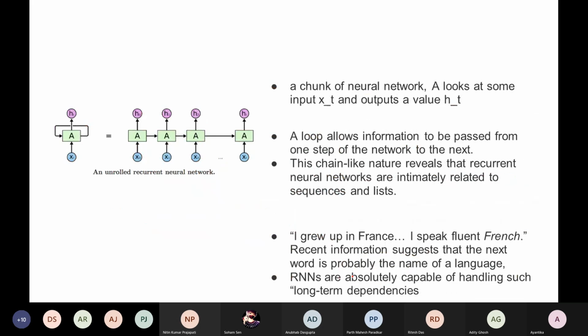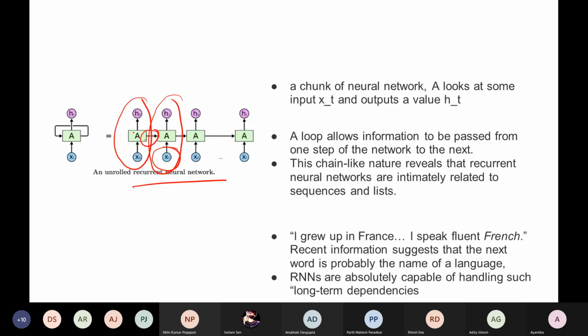If you unroll this neural network, you can see that at a certain time it is working on some temporal input and giving some temporal output, and it is also giving some input to the model when it works on the next temporal input.